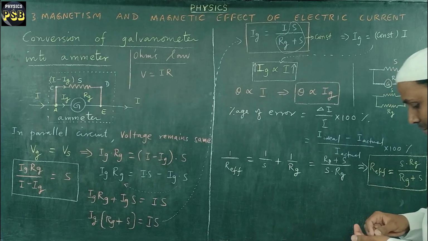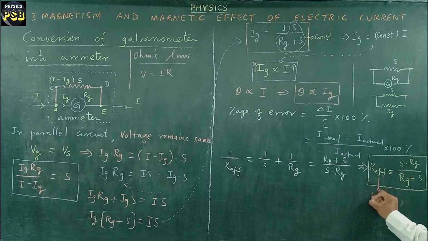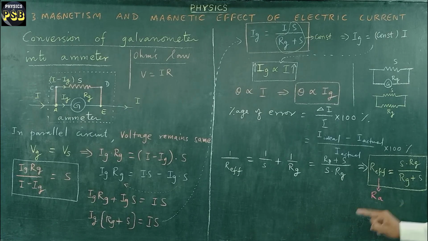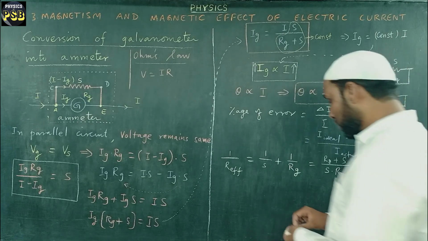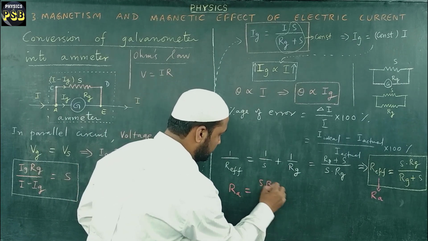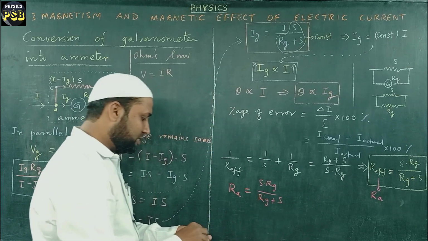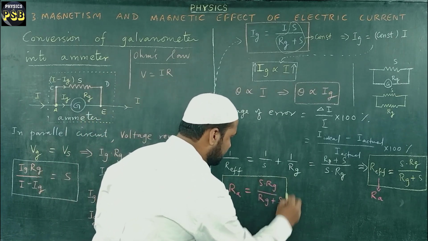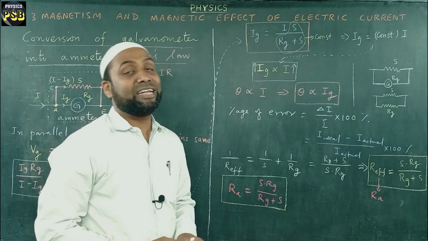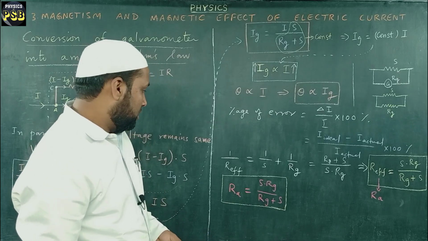So, in the place of effective resistance, I take RA. Here, A stands for ammeter. RA stands for resistance offered by the ammeter. So, RA is equal to S Rg divided by Rg plus S. This is the expression used to get the resistance of an ammeter. Clear?